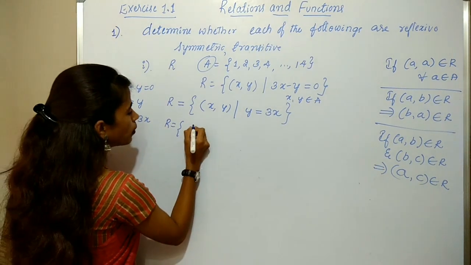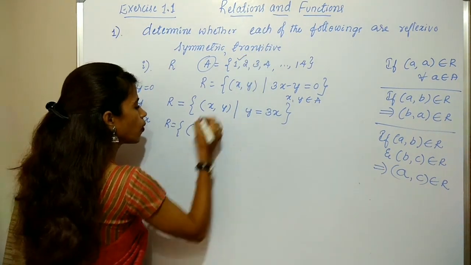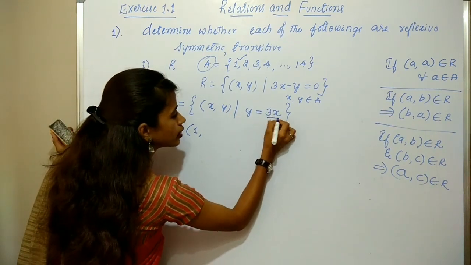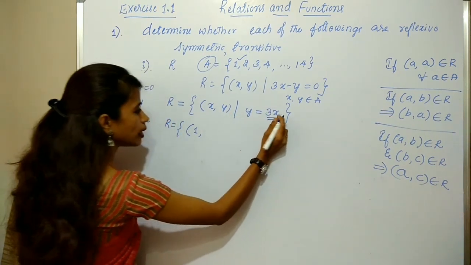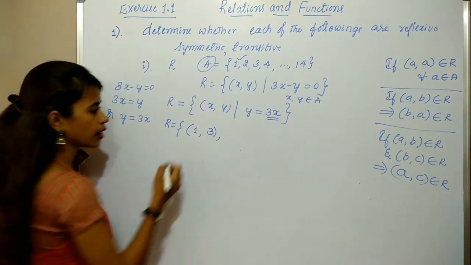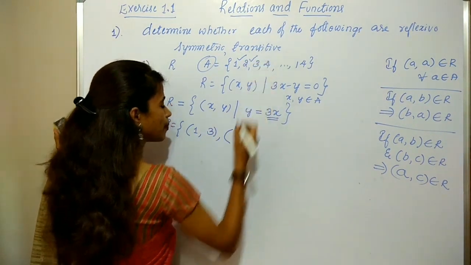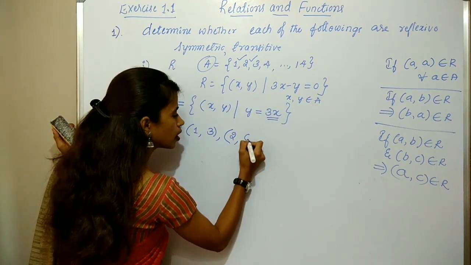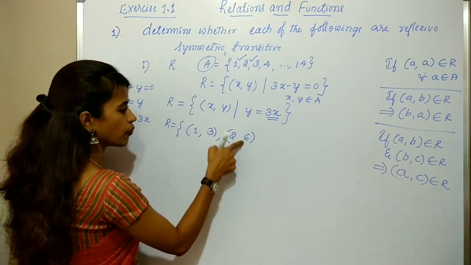So now I am taking the first element as 1. What is y? y = 3x. If I take 1 in place of x, that is 3 ones are 3. Next, taking the second element 2, then we get 3 twos are 6 in place of y.